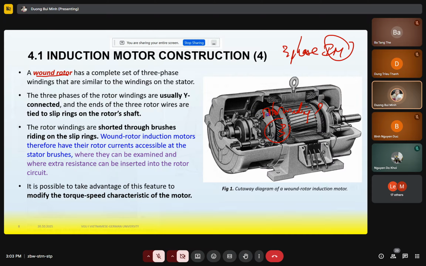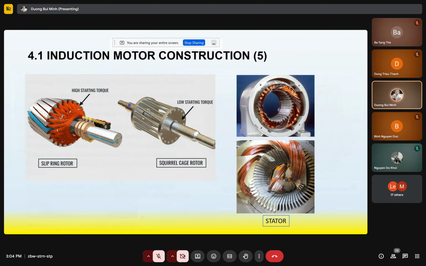We should use slip rings. Because we have three windings, we have three slip rings: slip ring for phase A, phase B, and phase C, and this one is the brushes. Brushes in Vietnamese is chổi than, and slip rings is cổ góp.